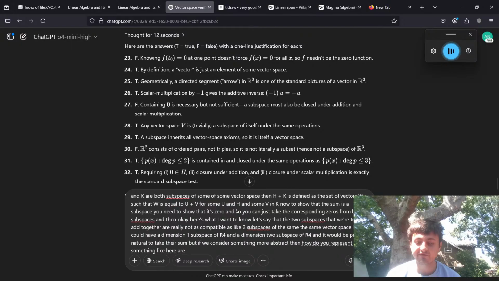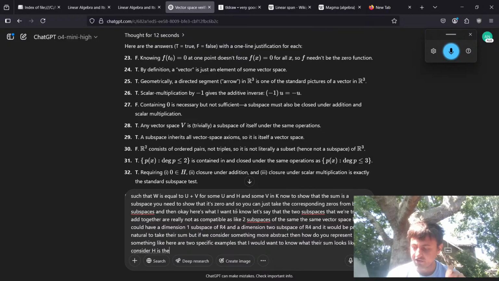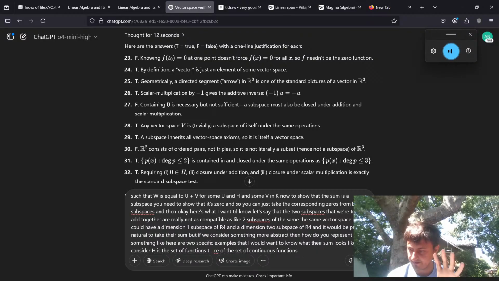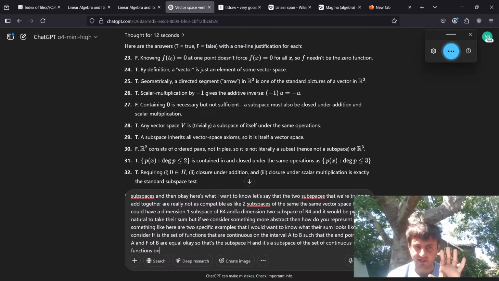Here are two specific examples that I would want to know what their sum looks like. Consider H is the set of functions that are continuous on the interval a to b, such that the endpoints f(a) and f(b) are equal. Okay, so that's the subspace H, and it's a subspace of the set of continuous functions on the interval [a,b].